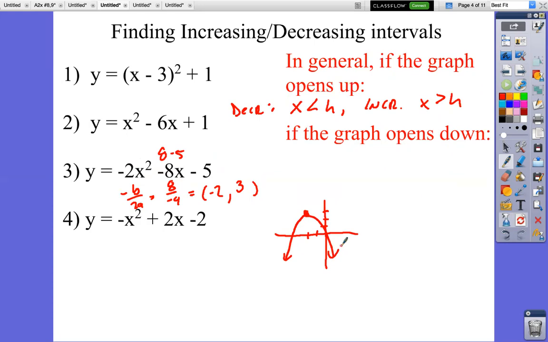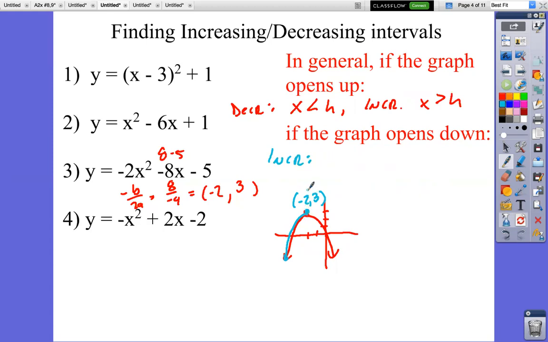So let's think about this. Remember, from left to right, are my Y values increasing or decreasing? Increasing. So they are increasing.